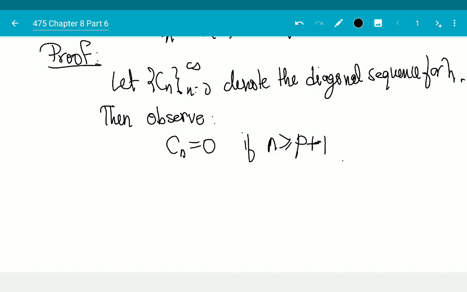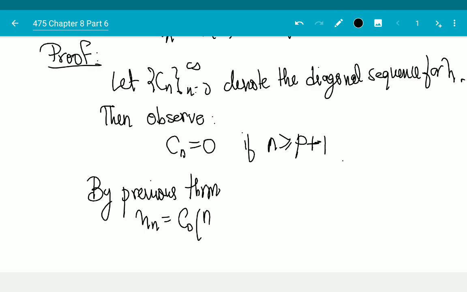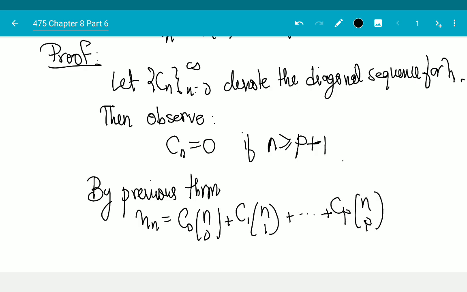Therefore, this is 0. Then, by the previous theorem, Hn is equal to C0 n choose 0 plus C1 n choose 1 plus ... Cp n choose p, right?